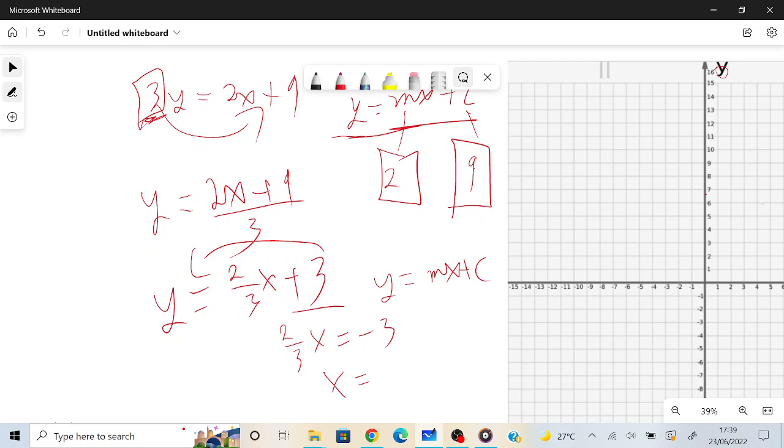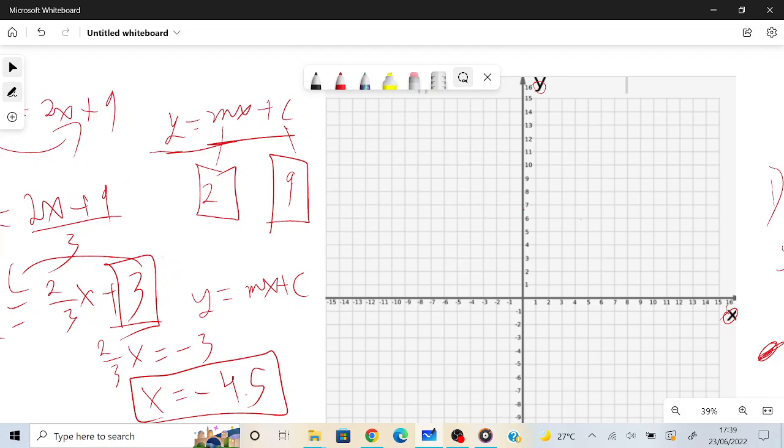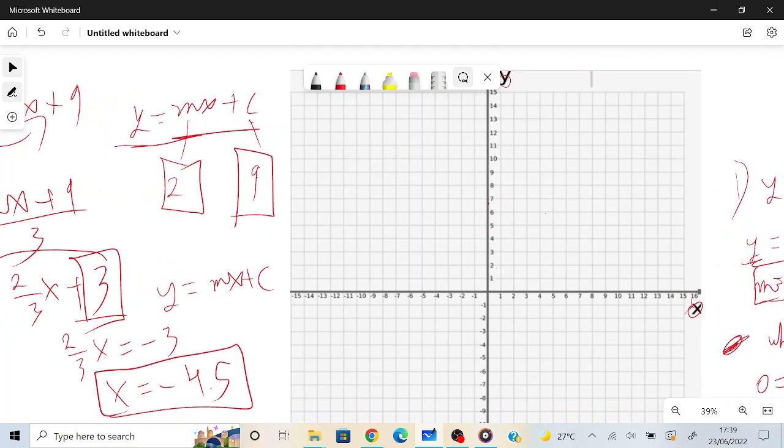Yep, it is minus 4.5. So you have the two coordinates: 0, 3 and minus 4.5, 0. So going to 3 is somewhere here, and minus 4.5 should be somewhere there.